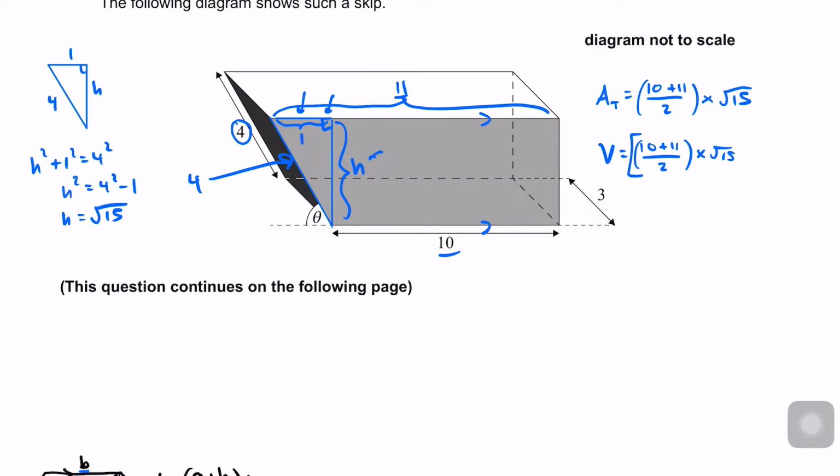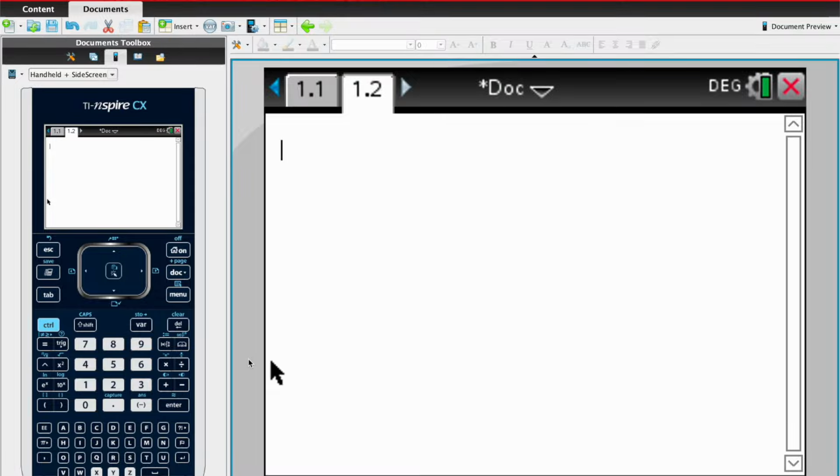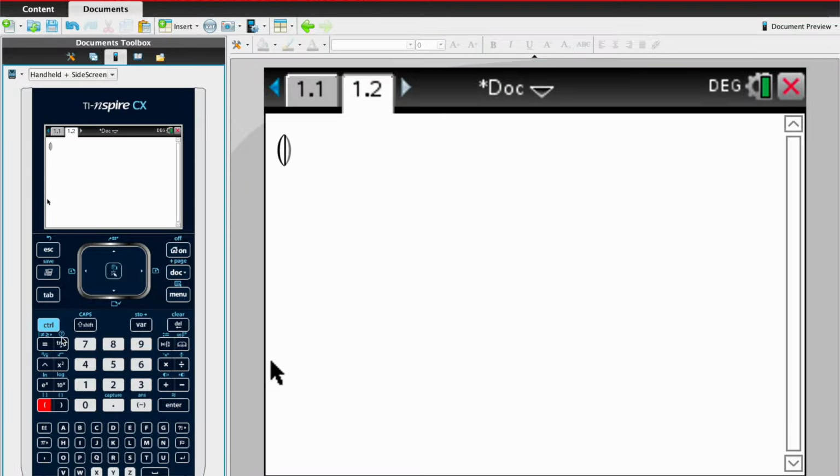I'm going to open up some brackets because we want to multiply this face by 3. Okay, I think we should be able to work this out using our calculator. So let's go to the calculator here, open up some brackets, and get a fraction. 10 plus 11 over 2.